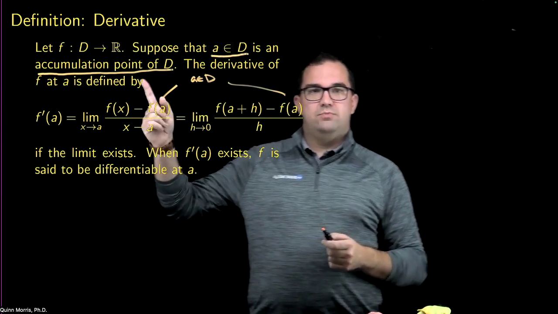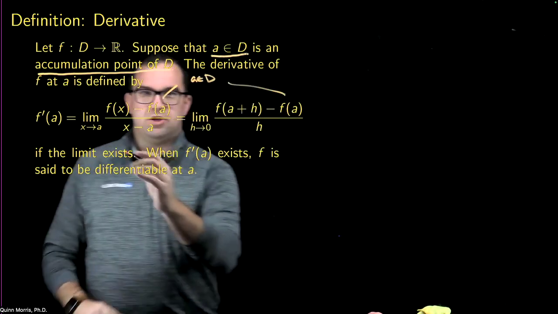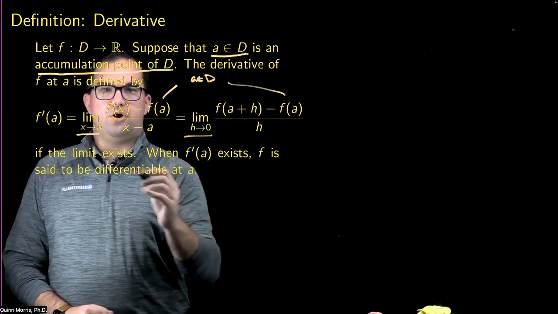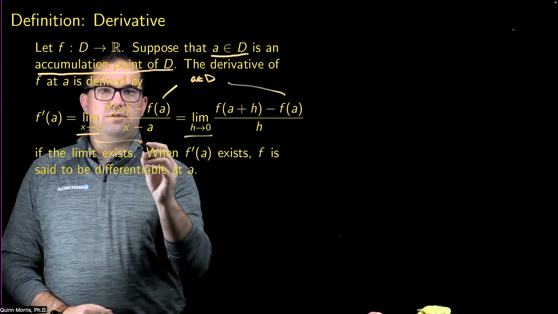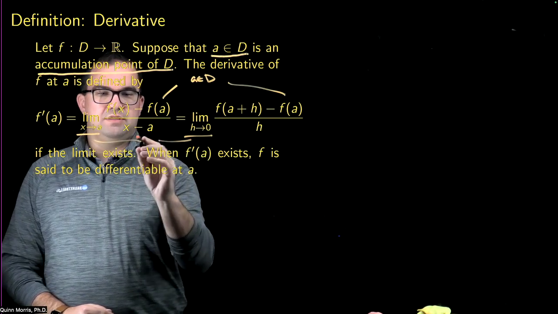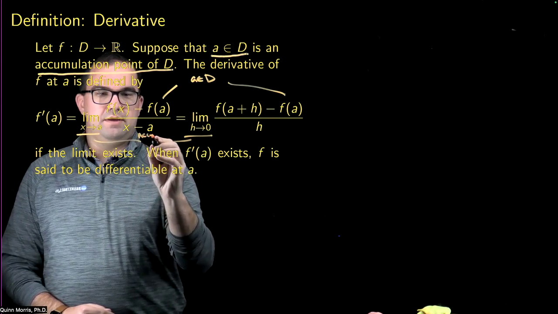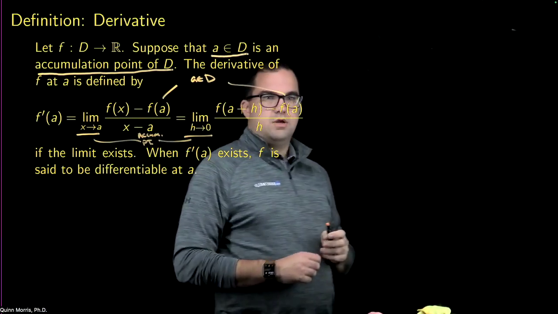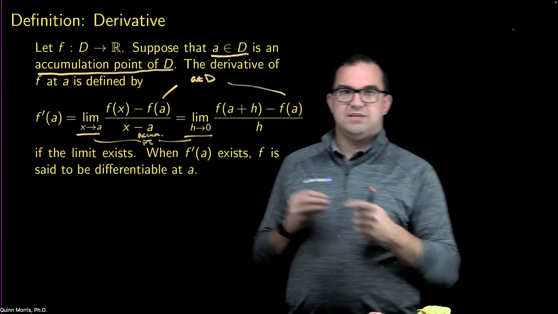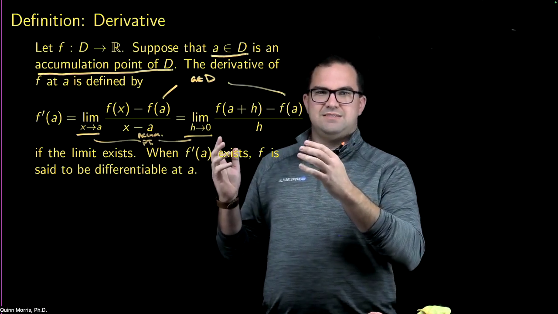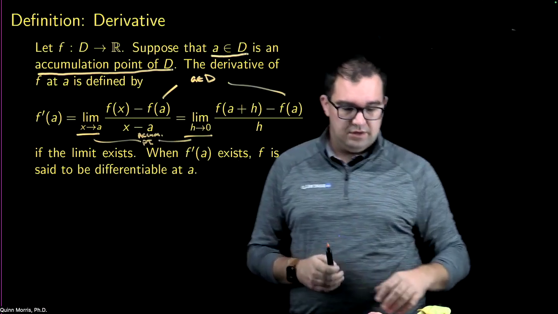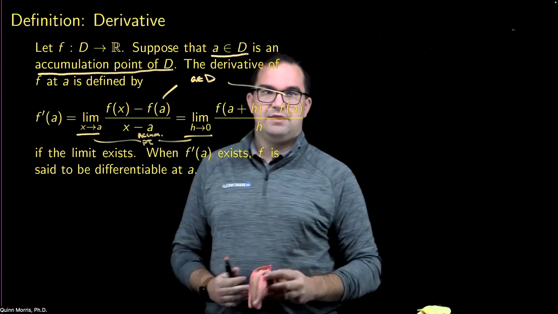I need a to be an accumulation point of the domain so that when I go to talk about these limits, I want these to be well defined. So this is why I need this to be an accumulation point. Both of those criteria are necessary to make sure that we can even make sense of talking about these particular limits in the context of taking the derivative.